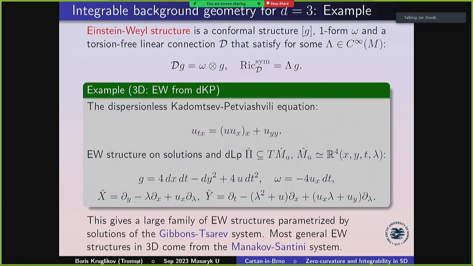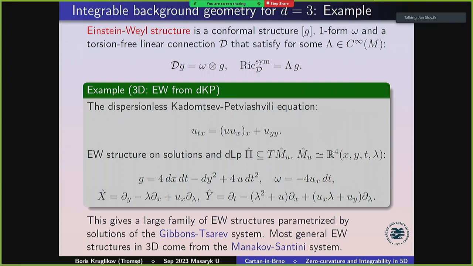Here's an example, the same example as before, the dKP, where the metric was derived. Omega must have this form. That's a computation; there's a magical formula which gives a way to compute. And then it is actually Einstein-Weyl.